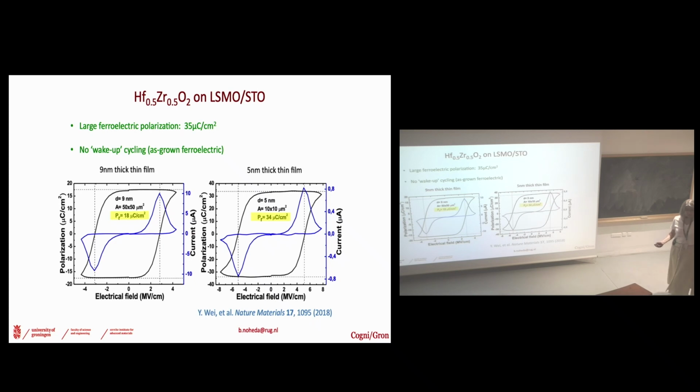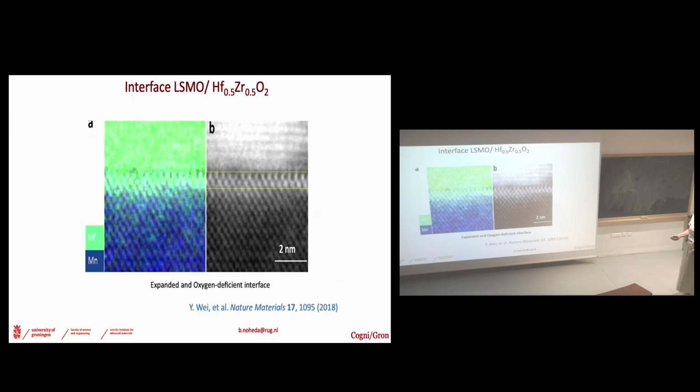This is very good for applications if you don't have to do all this cycling. And for the rest, the behavior is very similar to what everyone else is reporting for the orthorhombic phase. So if you grow thicker, you get more of this monoclinic phase, you reduce your polarization quite drastically, like everyone else is also finding.